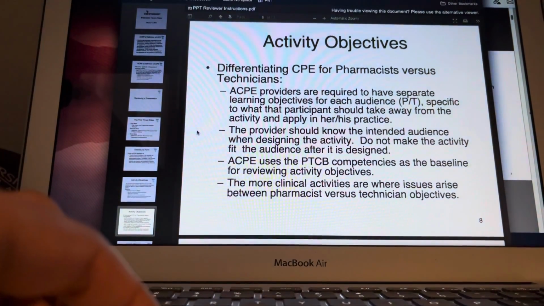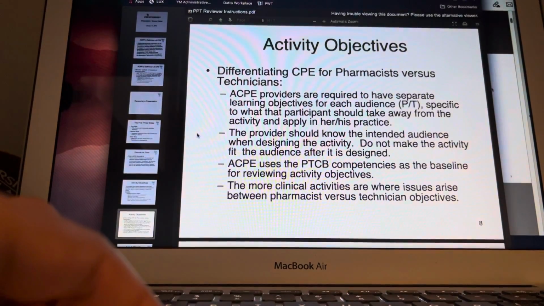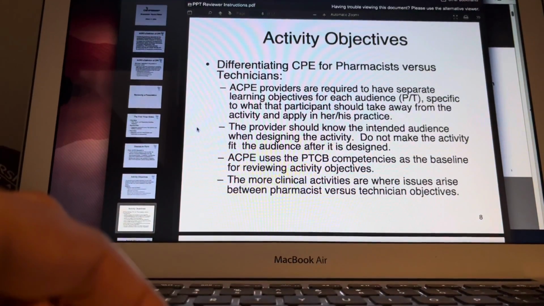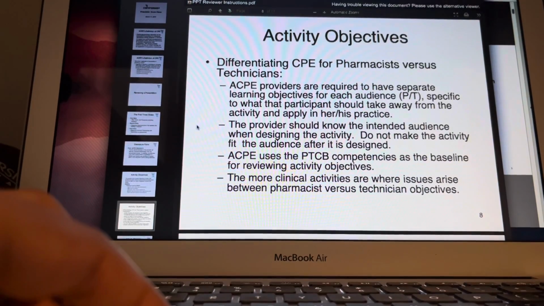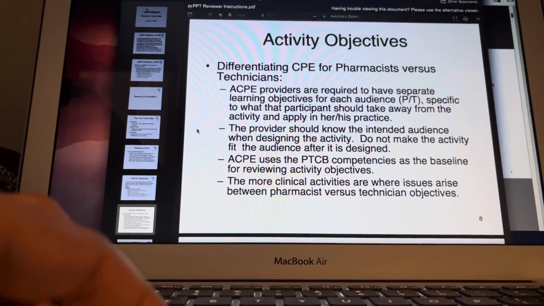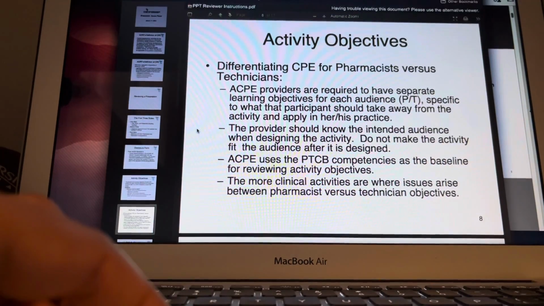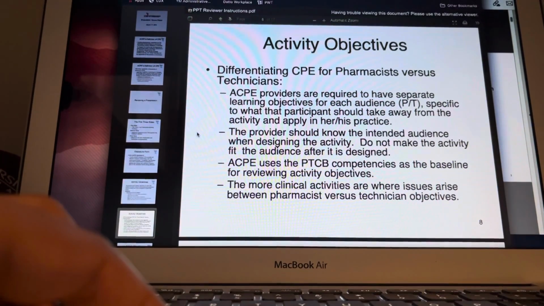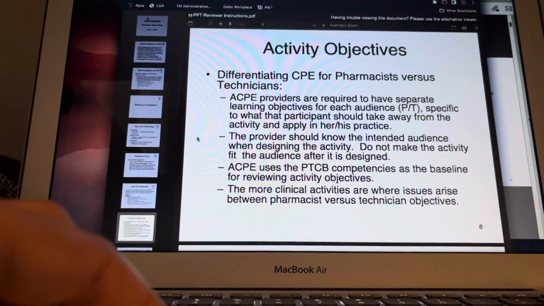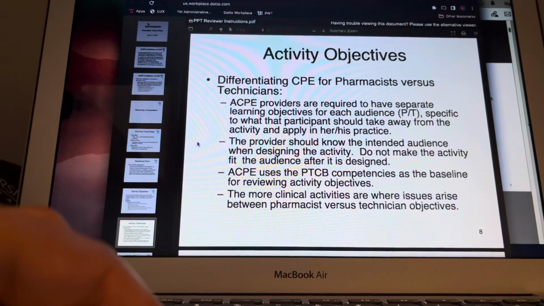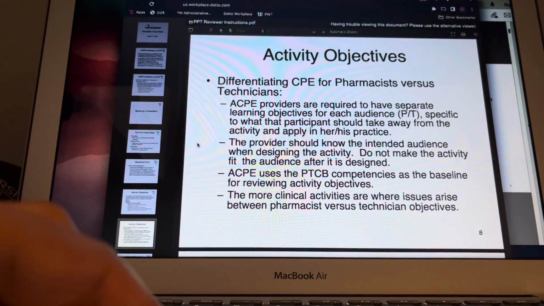Differentiating the CPE for pharmacists versus pharmacy technicians. The ACPE accreditation providers are required to have a separate list of learning objectives for each audience, specific to what that participant should take away from the activity and apply towards their practice.